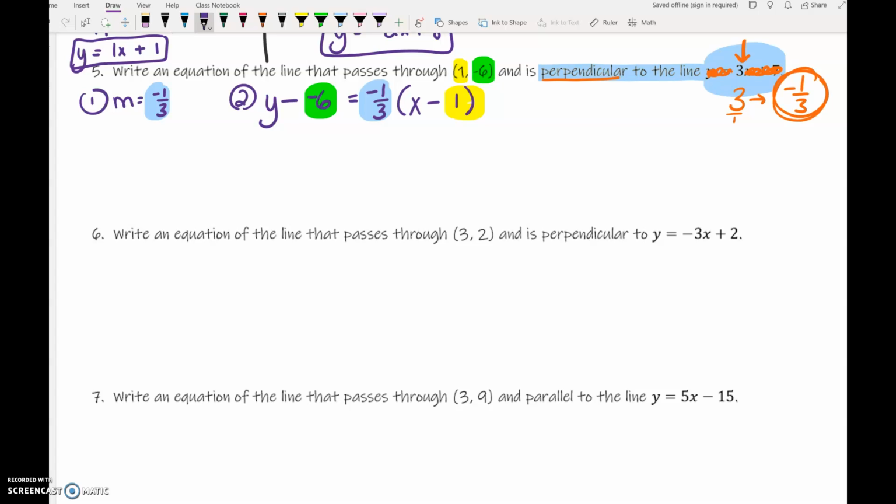Now, on a test, I would probably make sure that this wasn't a fraction because, not going to lie, distributing negative 1/3 is not always ideal. On the left, y minus the negative 6 is the same as y plus 6. And we have negative 1/3 x plus 1/3.